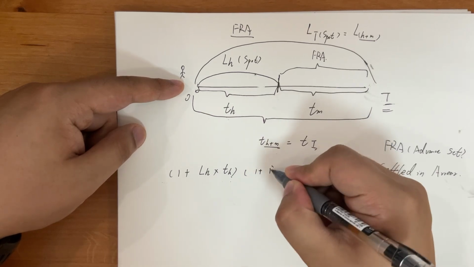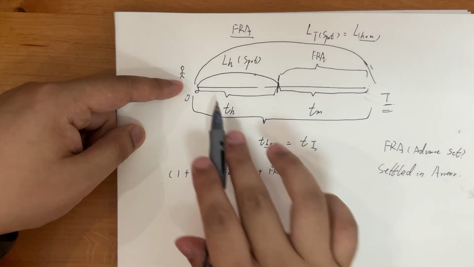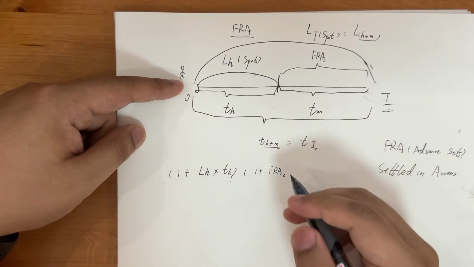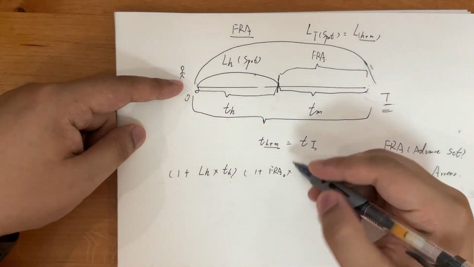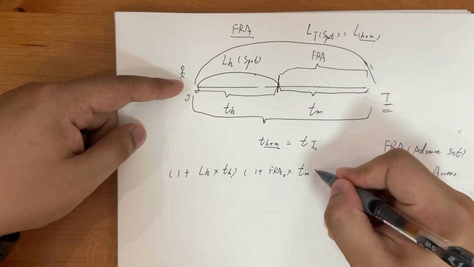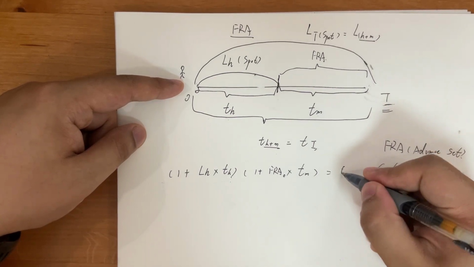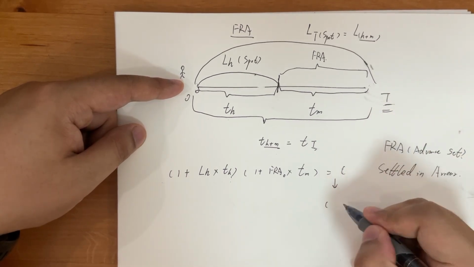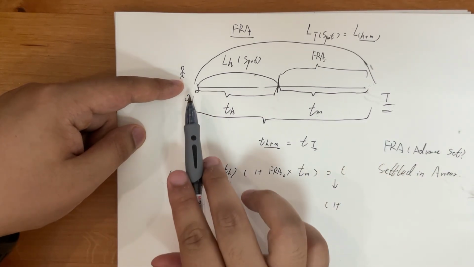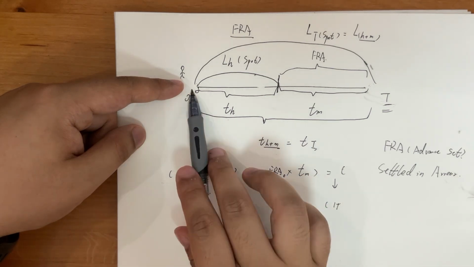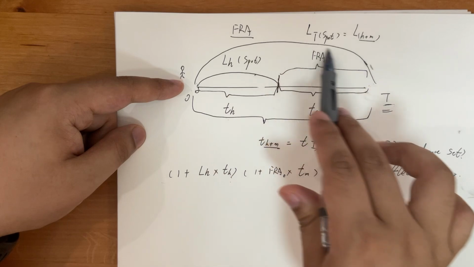1 plus the forward rate agreement. This forward rate agreement is set in advance, so it will be set at time 0, and you're going to have a duration of time m. That will be equal to, sorry, I'm going to write it here, 1 plus the spot rate of this really long time frame.